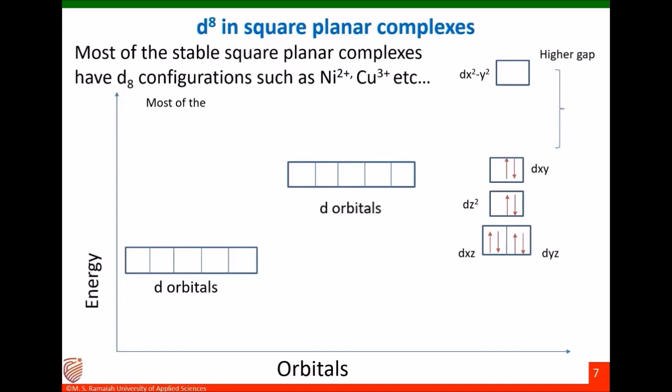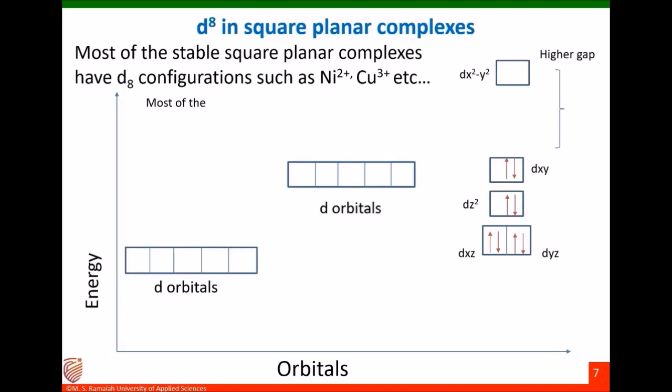Now we have to fill the electrons. Total 8 electrons are there, and they should be filled 1 in dxz, 1 in dyz, 1 in dz square, 1 in dxy. So totally 4 electrons are used. Then the remaining 4, again 1 in dxz, 1 in dyz, 1 in dz square, and 1 in dxy. Now you can ask a question, why are the electrons not going to dx square minus y square?